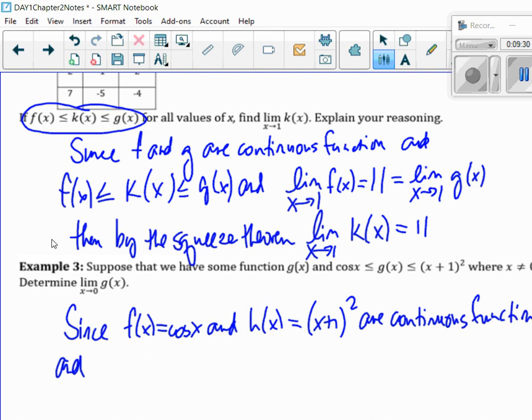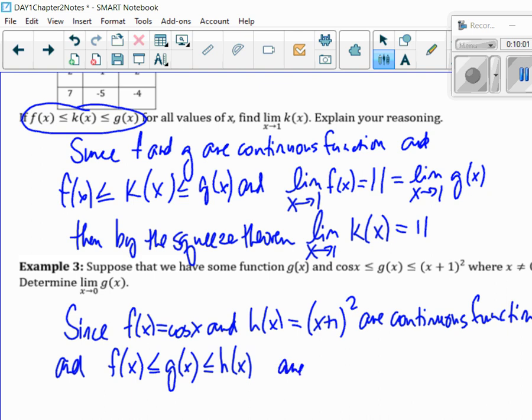You can write it like this if you want, or you could write it as those. But you'll see later on in the course, sometimes some of the functions are so long, it's better to refer to them by just f of x or whatever, as long as it's specified somewhere what f of x is. Okay, so we said they're continuous. We said they're between. Now we need to do the limits.